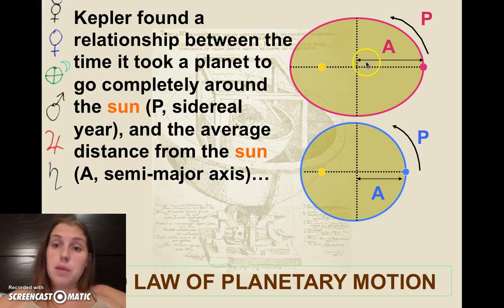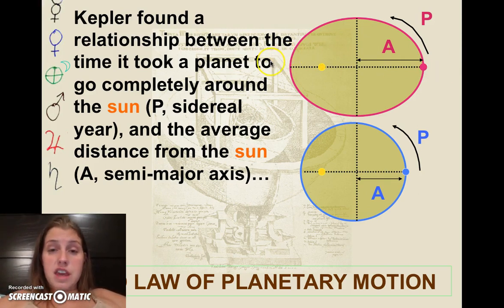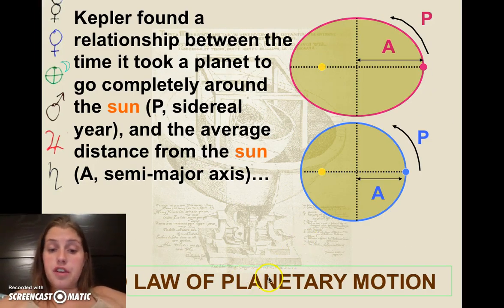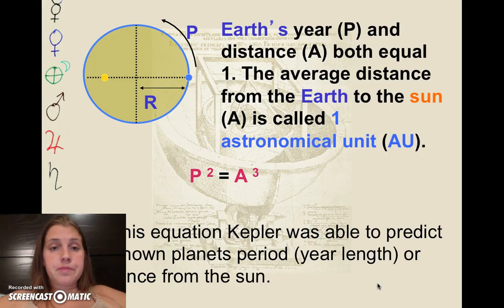If you doubled the semi-major axis, you'd be able to calculate how far across at the longest the planet was traveling in its ellipse. And that is considered to be the third law of planetary motion.